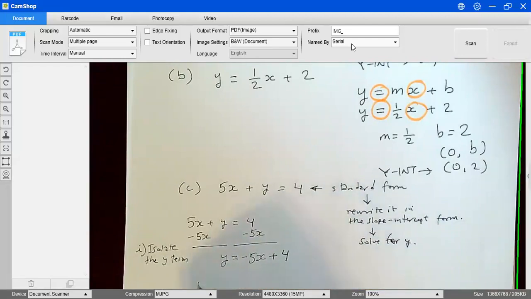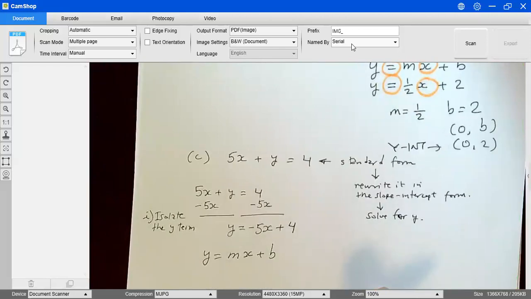So now we can proceed and find the slope and the y-intercept. So I'm going to write here y equals minus 5x, trying to align the x's and the equal signs. So I have here the equal signs, I have x and x.